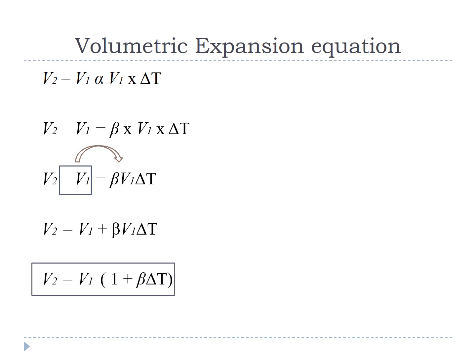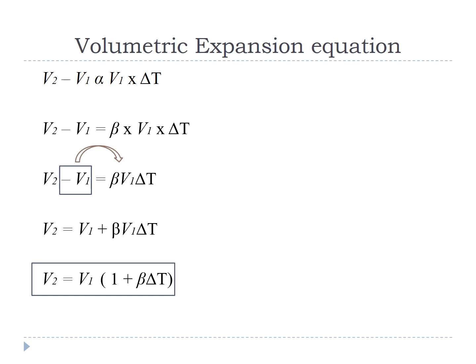V2 is equal to V1 (1 plus beta delta T). So this becomes my volumetric expansion equation. Same thing we have done. The only thing we have changed is L with V and lambda with beta. That is the only difference.